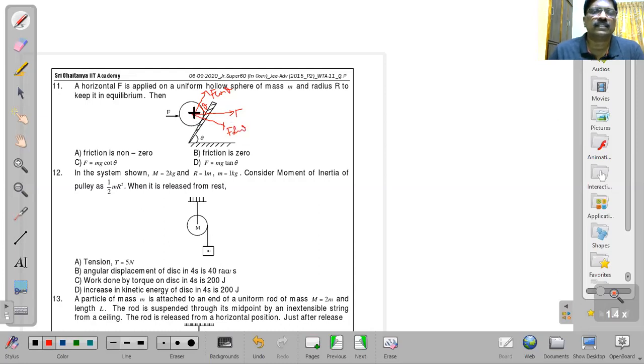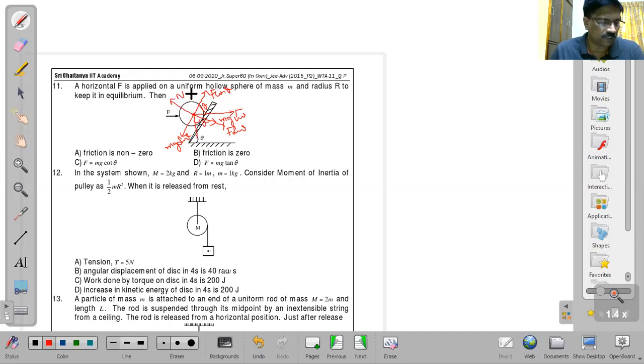At the same time, you resolve the weight mg into components. One component in this direction is mg cos theta, and here it is mg sin theta. The normal reaction is in this direction, perpendicular to the plane of contact.